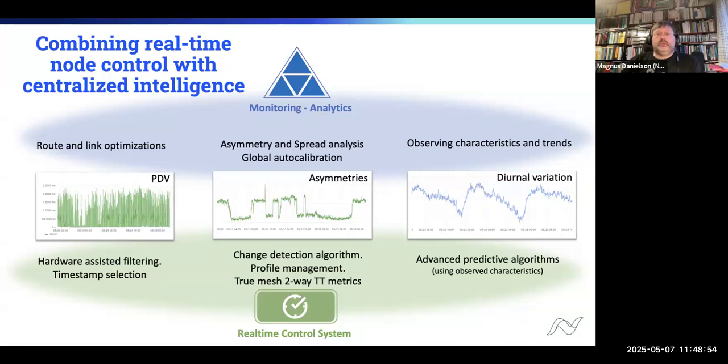You can also look at the change detection, the profile management, and improve that. Then you come to observing other characteristics like diurnal variations. That can be a little bit hard to do on the local scope, but as you look at the data you get over time, you can see these trends, and you can learn how to fine tune for better performance with that.